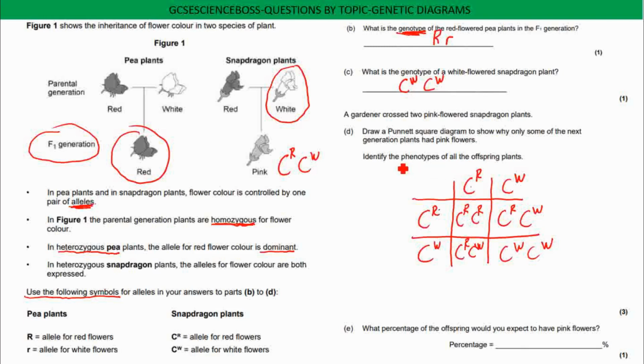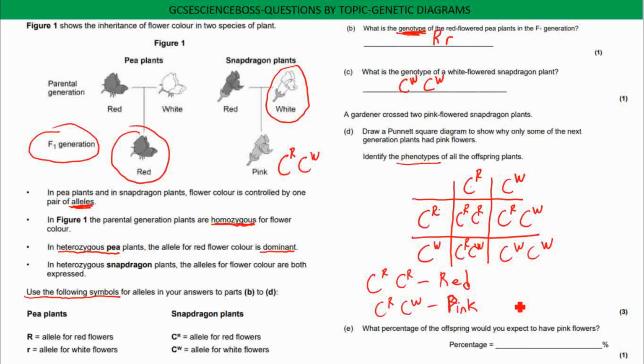Identify the phenotypes of all the offspring. So the first offspring that we have here is CR, CR, and that's going to be red. They told us down here. Next up is CRCW. You have two of that, CRCW. That plant is pink.